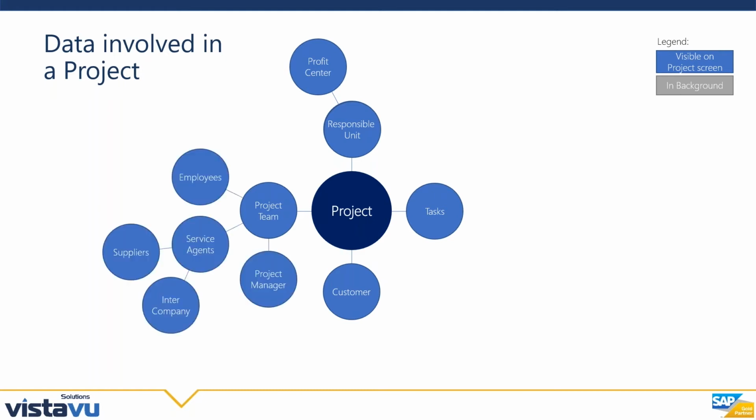When we break out the project team, it consists of your project manager, as well as internal employees, and then external resources that the system calls service agents. Those service agents could be members from your external suppliers, third parties, or they could be external to the company that's delivering the project.